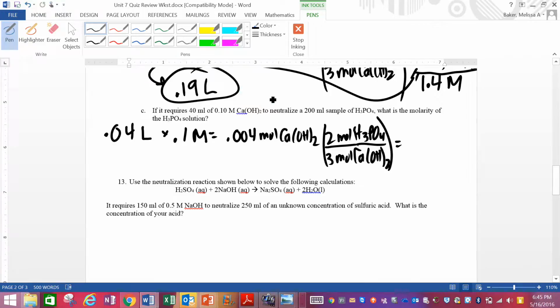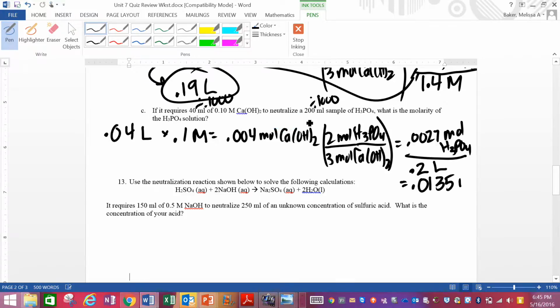So we're talking about 0.0027 moles of H3PO4. If that was neutralizing this 0.2 liter sample, again, I just divided these by 1,000 to get these other numbers in liters. That comes out to be a molarity of 0.0135 molar H3PO4.